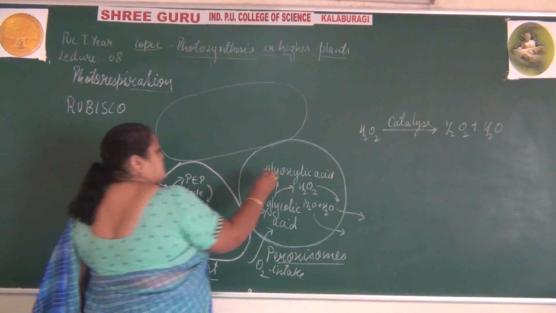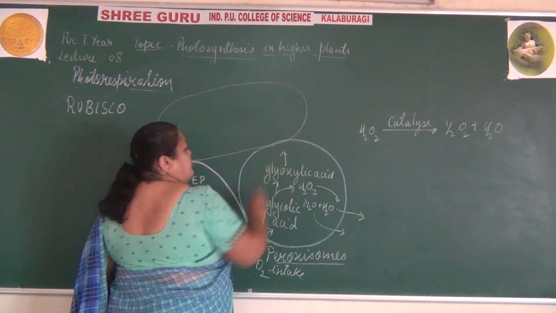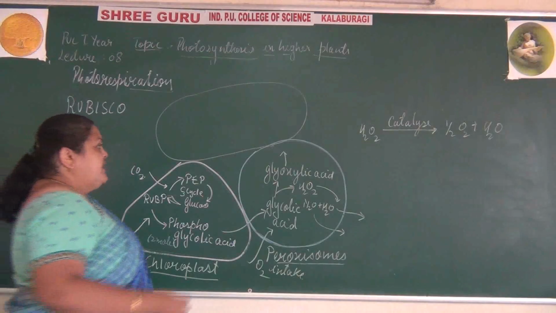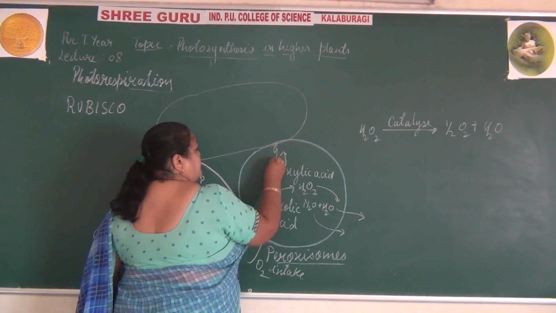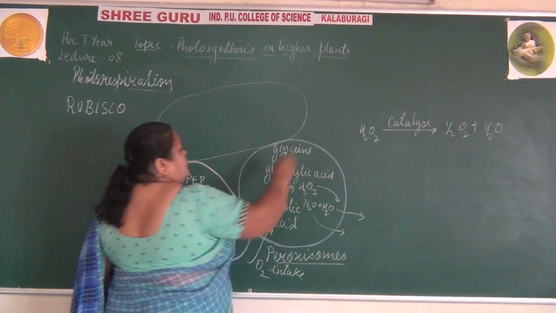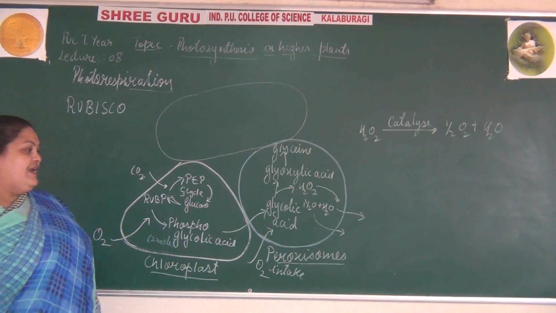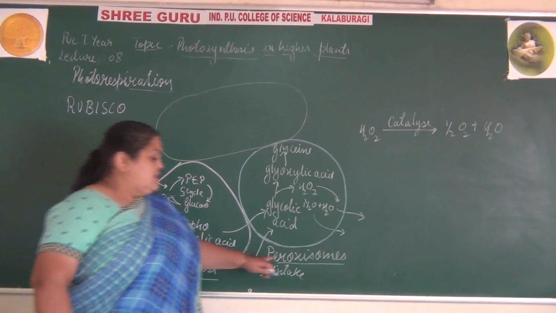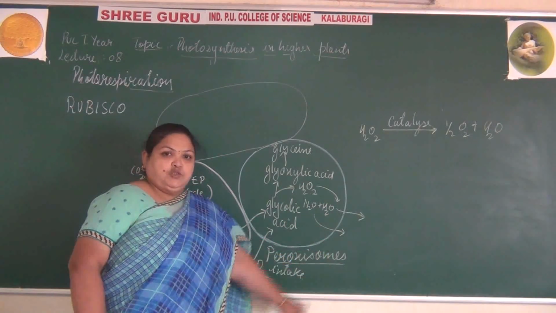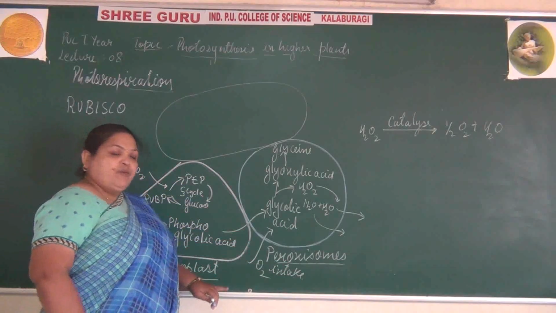The glyoxylic acid, with the help of the enzyme transaminase, is converted into glycine, an amino compound. So this whole process occurs in the peroxisomes. So what happens in peroxisomes?